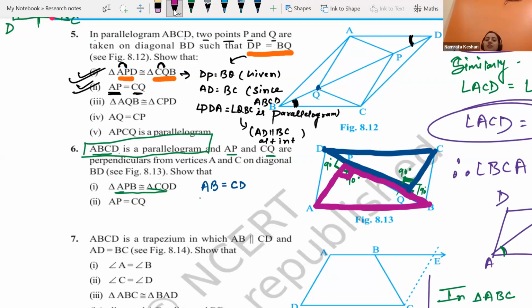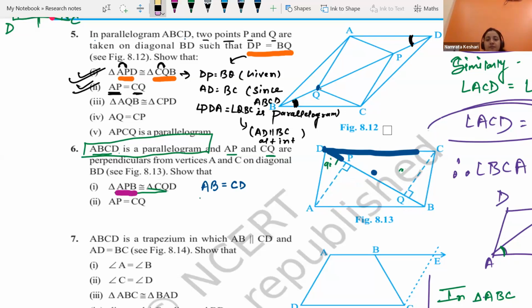If you are not getting the two triangles I'm talking about, see the name APB. Maybe I have drawn so many things and the name is not visible. Let me wipe everything. Now can you see triangle APB and triangle CQD? In these two triangles, can you see 90 degrees present in both triangles?